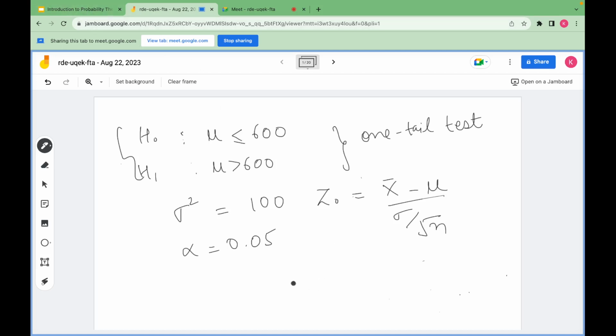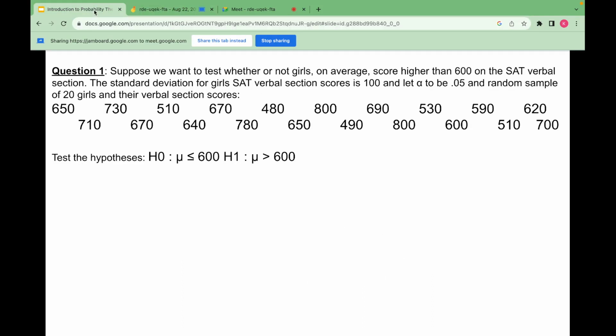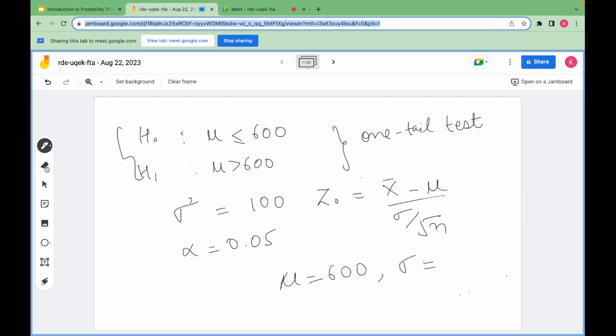Mu is given to be 600, sigma is 100, this is sigma, not sigma square, and n is 20. We have data for 20 girls.